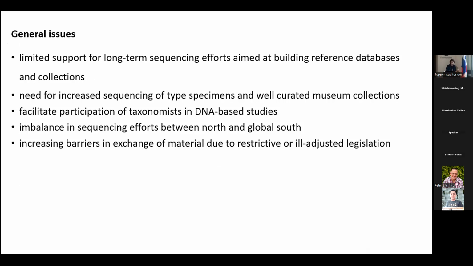I think we also should step up our efforts to sequence type specimen collections and well-curated museum collections. We shouldn't be afraid of that. And we should try to see how we can facilitate the participation of taxonomists in DNA-based studies.